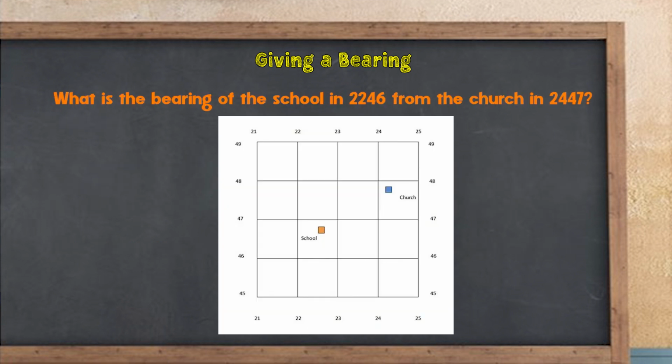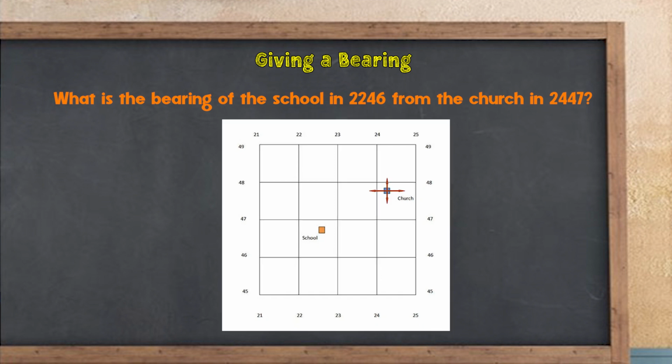Now, since we're going from the church, our starting point is, that's right, the church, and our end point is the school. We draw a cross right on top of the church. Then we draw a line from the middle of this cross to the school. This has been done. See the example on screen.